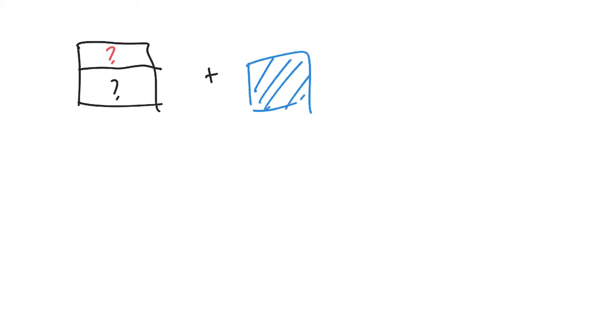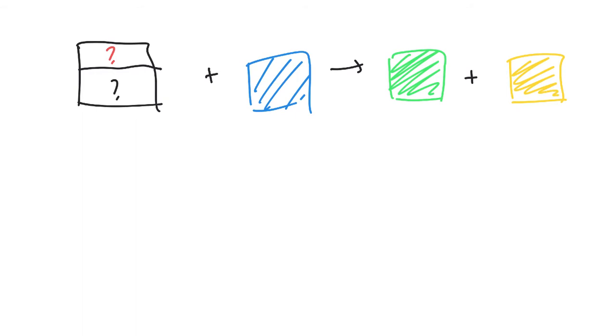Then I know that it's going to form other substances here and here. The amount of these other substances can tell me how much of the pure stuff there was at the beginning.